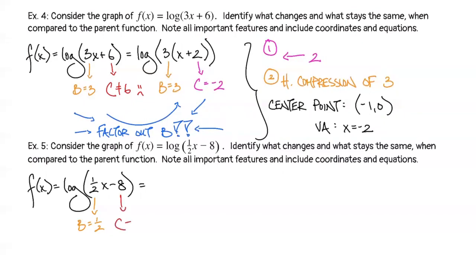My c is not negative 8. I'll give you a moment. And I'd like you to, in the privacy of your own learning environment, factor out b, and then send me a message that tells me what you think.